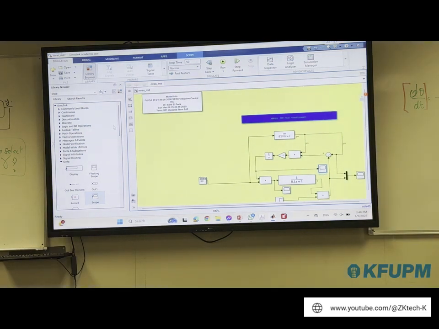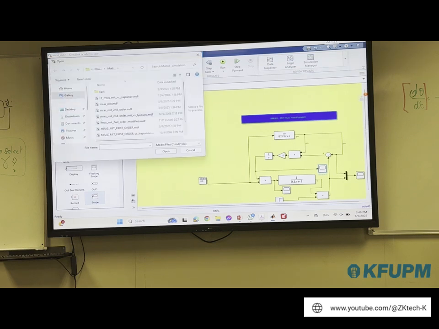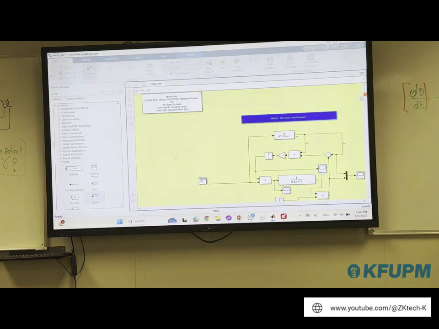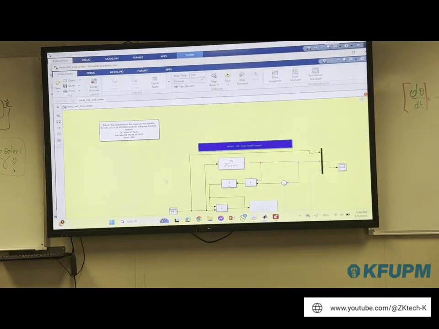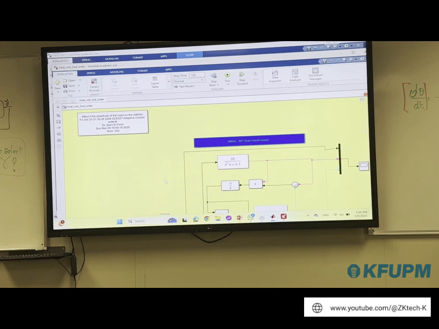Let me move this. So it's a second order system, exactly the same structure, but only the gain changes.